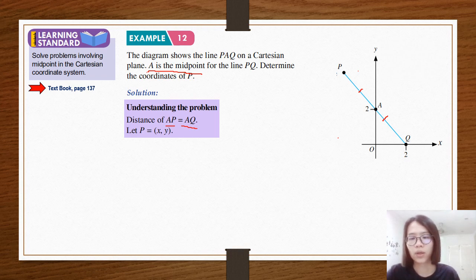For Q, the point Q lies on the x-axis, so the coordinates for point Q is 2, 0. While for the point A, it lies on the y-axis, so the coordinates for point A is 0, 2, and the point P, we let it be x, y.